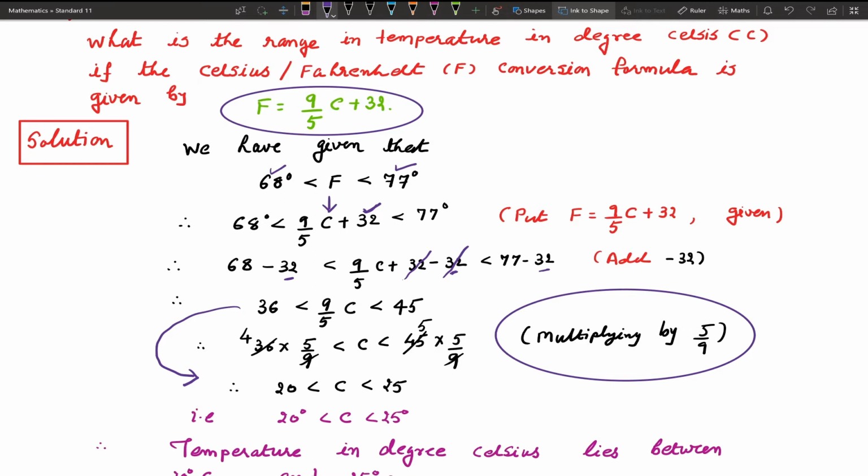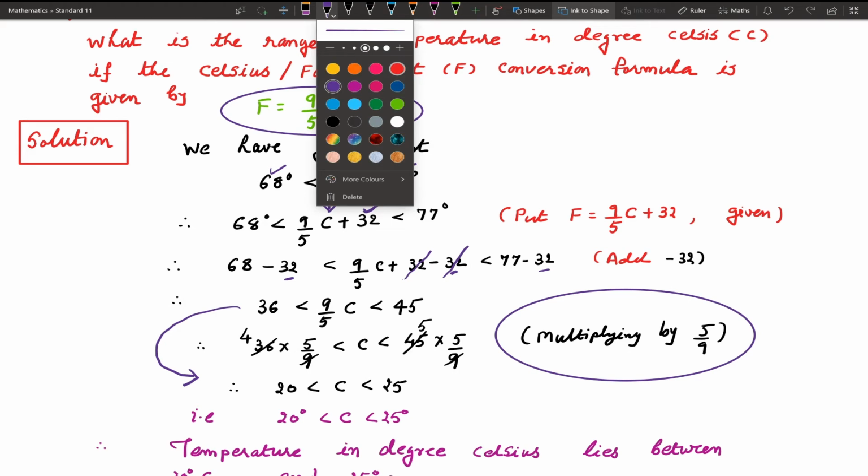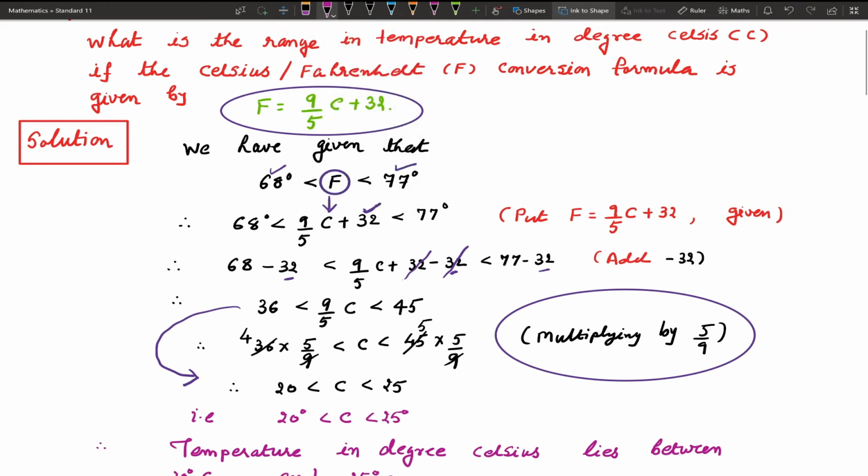So 68 degree less than F less than 77 degree. Now you put value of F from the formula, substitute values for F. F equal to 9 by 5 into C plus 32. Now this is simple. From this problem we have constructed a linear inequality.